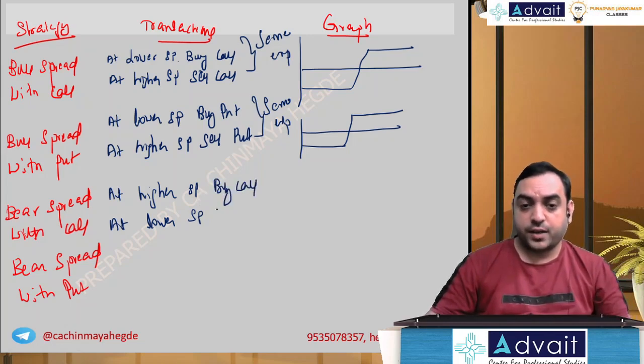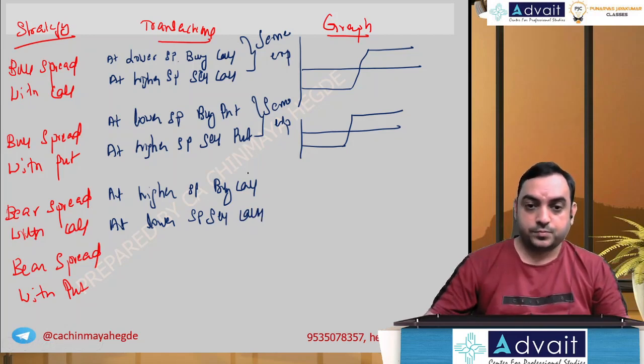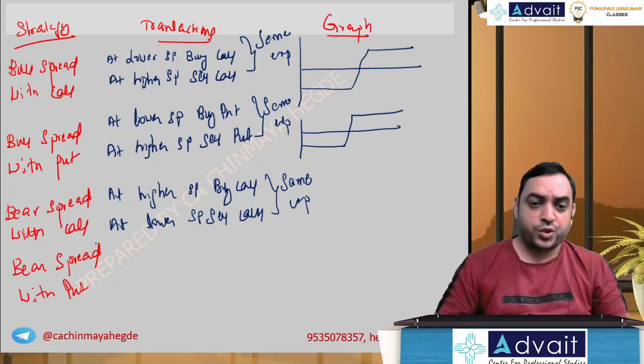At a lower strike price, you sell call. So this is again on the same expiry. Different expiry means calendar spread, which I'm not going to show you.